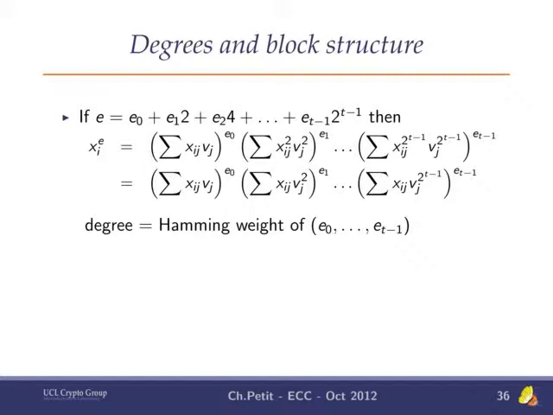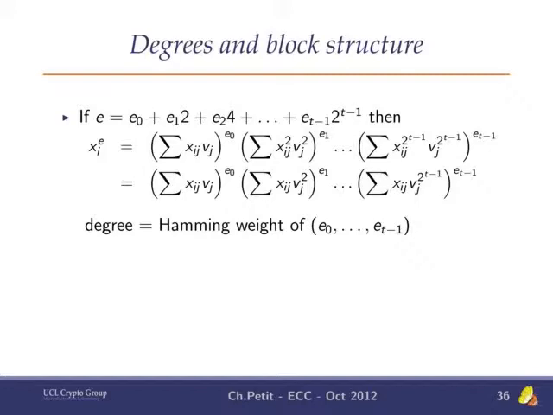You can write x_i as the sum of x_ij v_j as before, and write the exponents here. By linearity of squaring in F2, you write this as follows. Then x_ij squared is equal to x_ij. So that's what you get here.